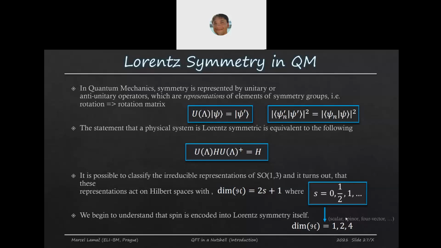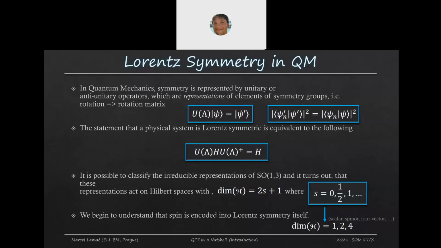For example, the dimension of the Hilbert space, or the states in the Hilbert space, for a scalar would be 1. It doesn't have any additional components. If we were considering states which already have some spin dependence, then their dimension would be equal to 2. This is related to irreducible representations that are 2 by 2 square matrices, and these are in fact the Pauli matrices, for example.